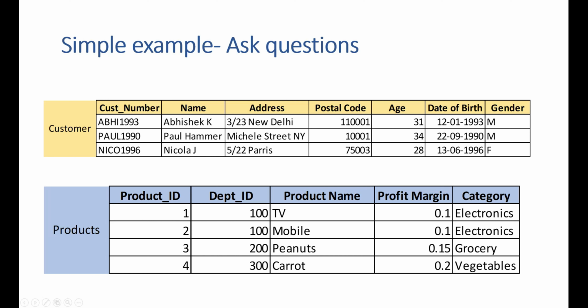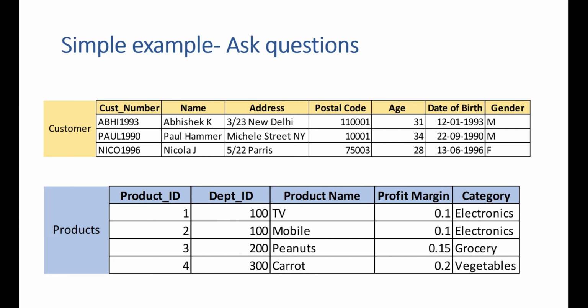It might not be Abhishek who is acting as a customer. It might be some XYZ organization or company acting as the customer in case of B2B, so there might be no personal name in that case. So you need to ask questions: what is the definition of name? Is the name of the customer just an individual, or can it be an organization, or a combination of multiple people?